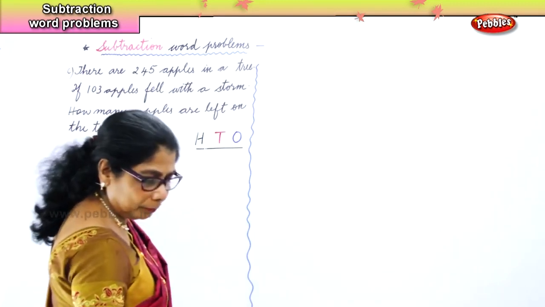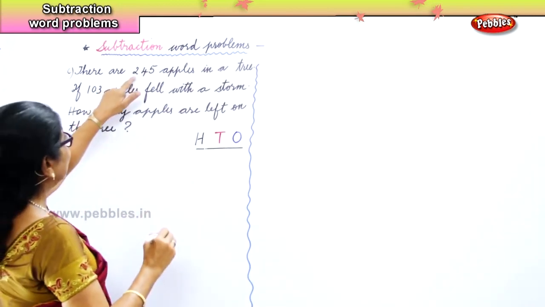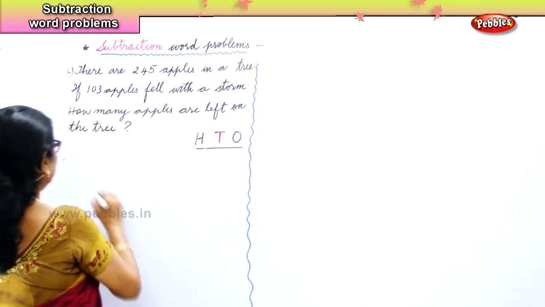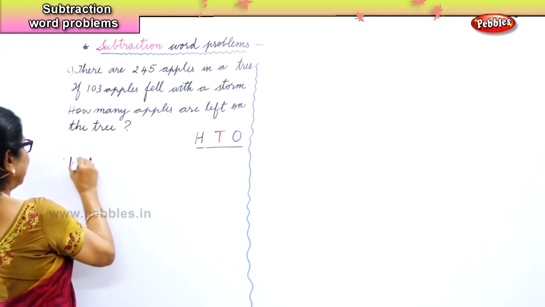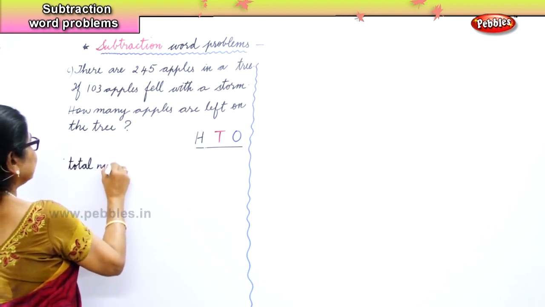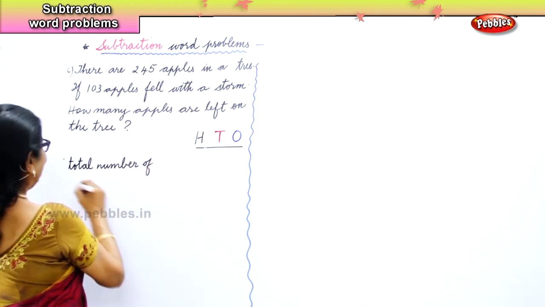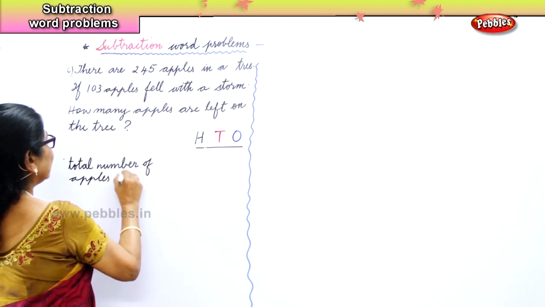Now, what's the next thing? The first statement we are going to write. Total number of apples in the tree. Okay? Total number of apples in a tree.